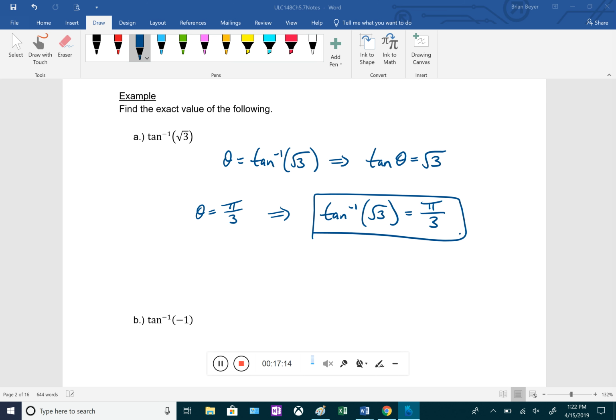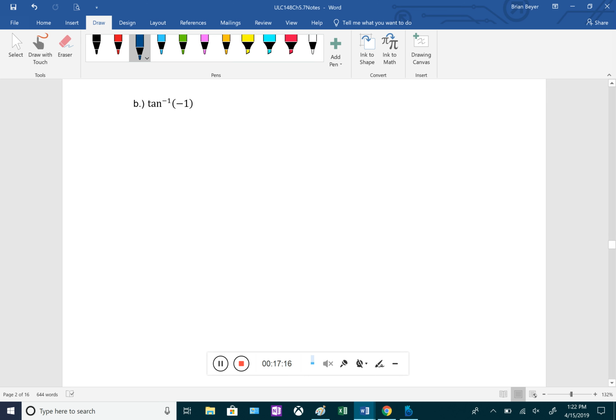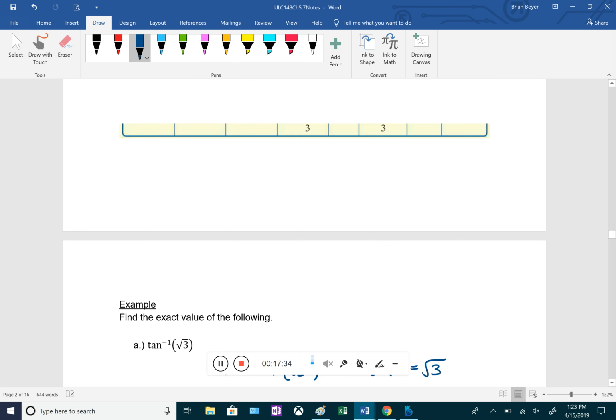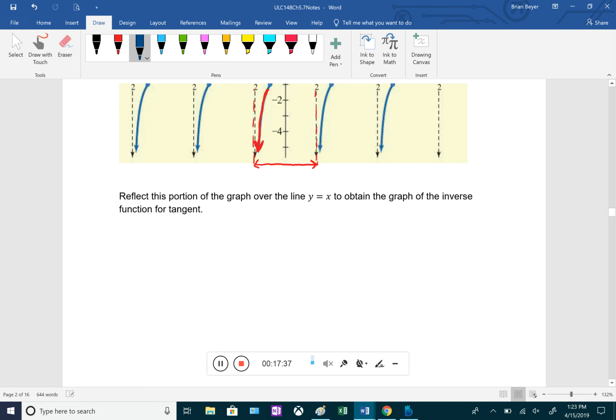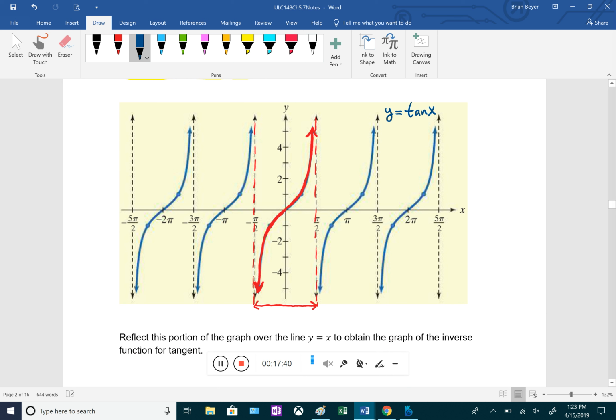Okay, let's do one more here for B. So we have tan inverse of negative 1. Setting this up with our theta, we let theta equal that, which means tangent of theta equals negative 1. Let's go back here to the graphs and think of this one a little bit differently. On the tangent graph, on this interval from negative pi over 2 to pi over 2, it's saying tangent of what equals negative 1?